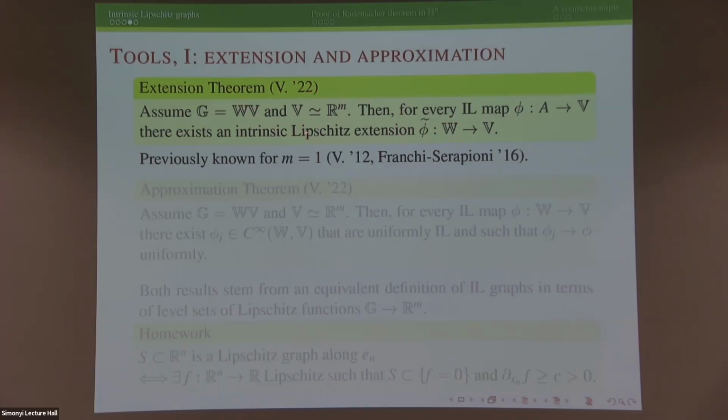I'm able to prove this result only when V is isometrically isomorphic to some R^m. So it's an abelian horizontal subgroup, okay? Which is the case in Heisenberg, but not in general groups, where there might be different splittings. This was previously known just in the case of codimension 1.